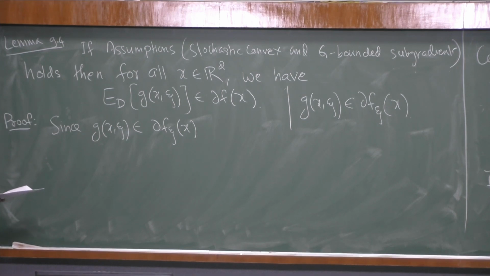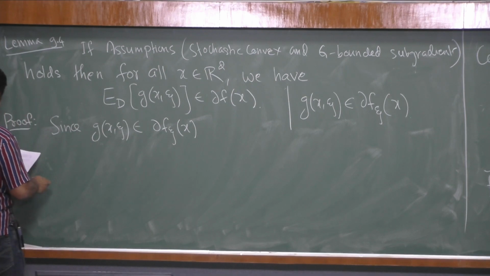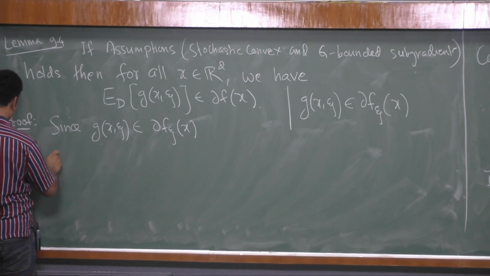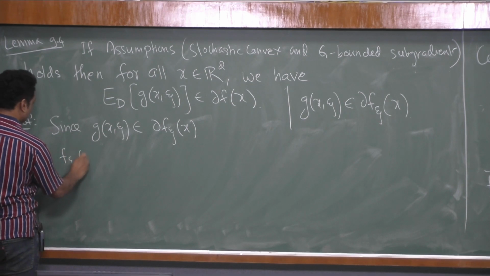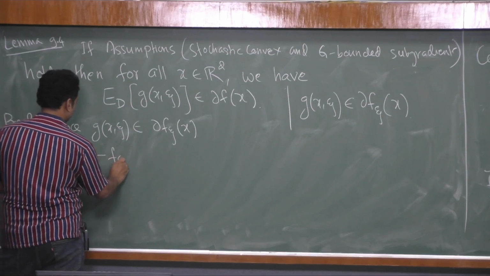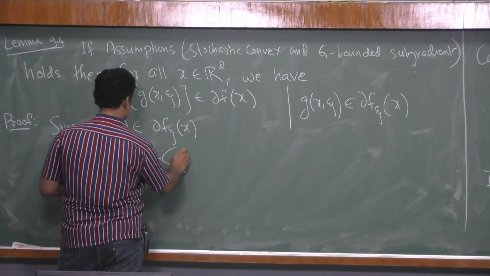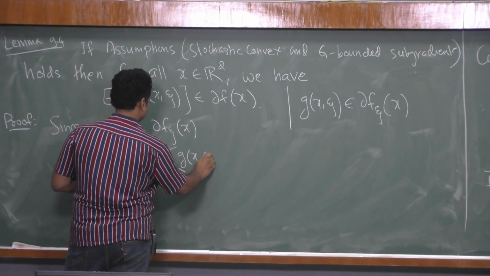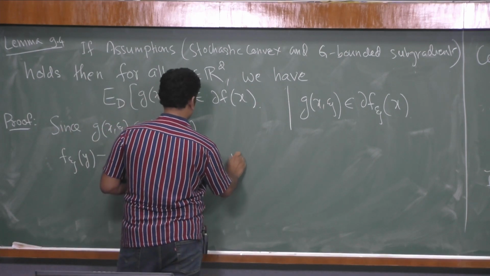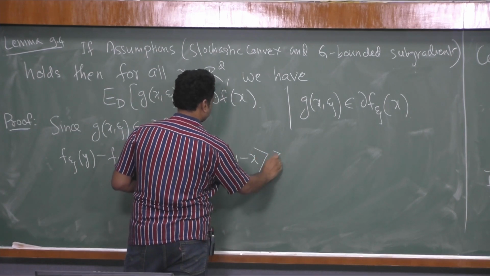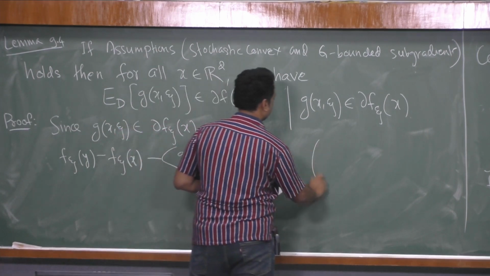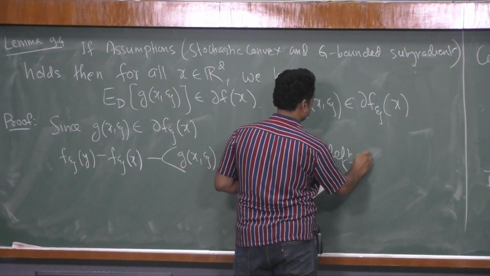That's how the subgradient is defined. So in place of eta now I will have this: f_j(y) minus f_j(x) minus G(x, j) times (y minus x) is greater than or equal to 0. So this is from the definition of subgradient.